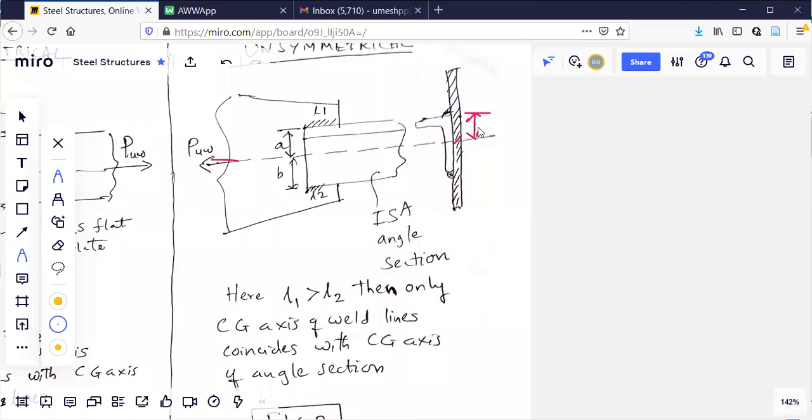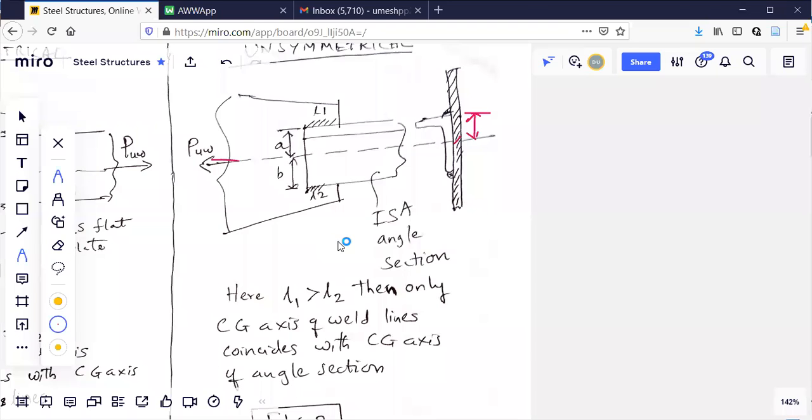So whatever value is there, that is the axis of the angle section. Because of this, L1 and L2, these two will not be the same size now. The one which is very near the centroidal axis, that length will be more. L1 will be more because this L1 is closer to the centroidal axis than L2.